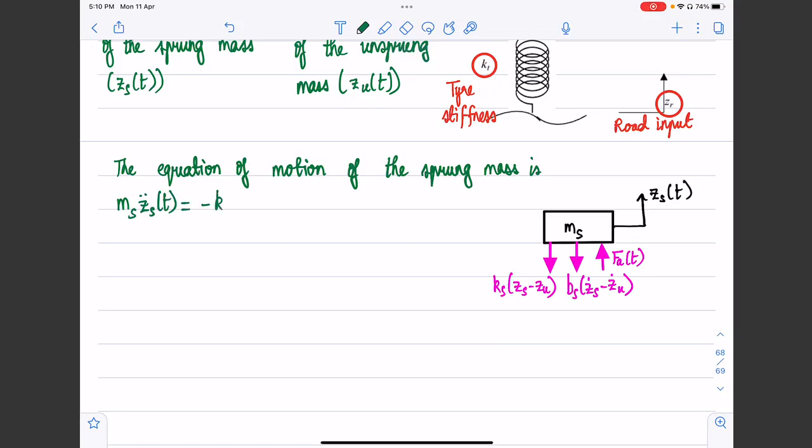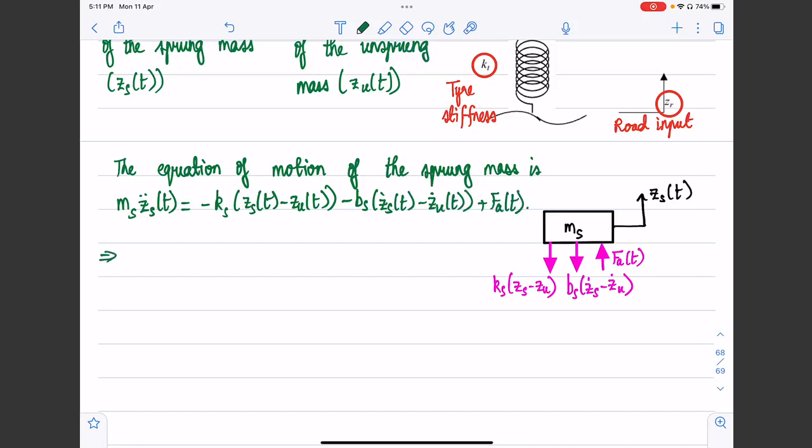So the net force acting on the mass is going to be equal to Ks times (Zs(t) minus Zu(t)) minus Bs times (Zs dot (t) minus Zu dot (t)) plus Fa. Without loss of generality, we are assuming Fa to be acting upwards. It can be acting in other directions, no problem.